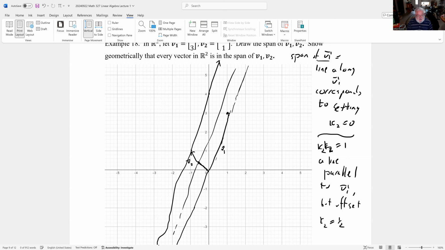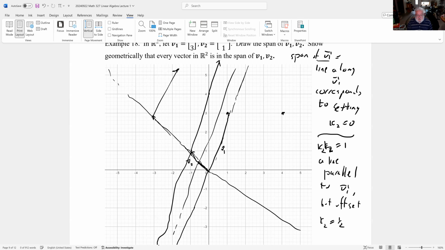And in fact, if we let K2 vary, the span of V2 is all of this. So if you pick a K2, that means going out some distance on this vector, and then picking a K1 means going some distance parallel to V1. And so that means you can actually get to any point in the plane, right?